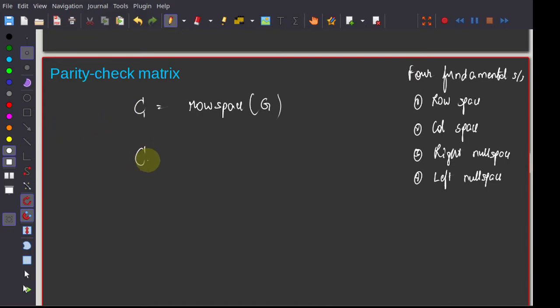Now I can also write C as the right null space of some other matrix H. And this matrix H is going to be called a parity check matrix.